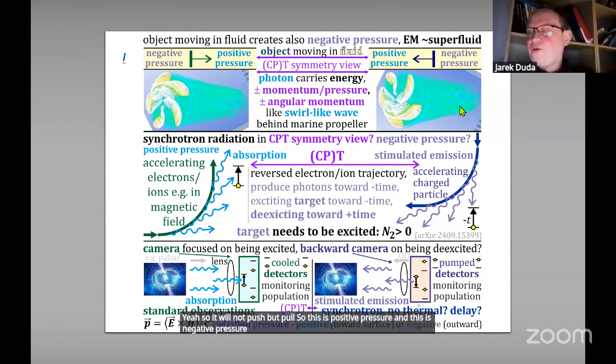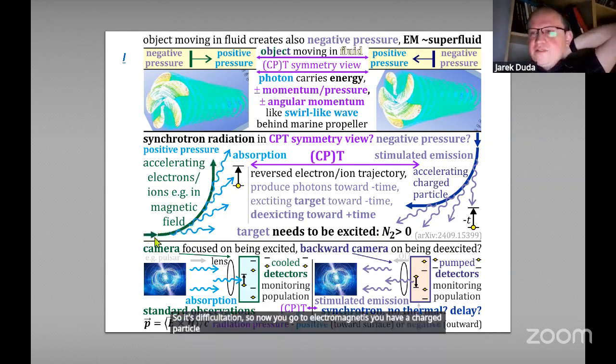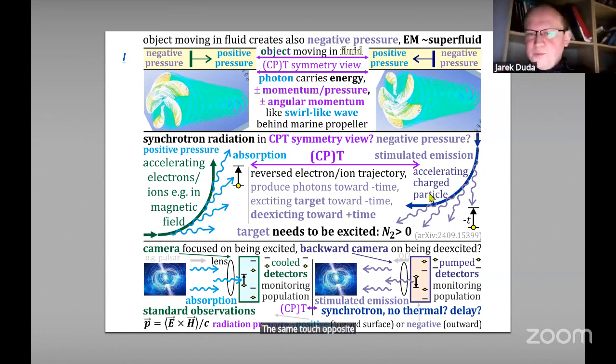So why not for electromagnetism? The best example, I think, is synchrotron radiation. So now we go to electromagnetism. You have a charged particle traveling, for example, in this circle-like trajectory, and it creates these synchrotron photons. So we can think that this is positive radiation pressure here. But believing in CPT symmetry, the same charge, opposite, is traveling in this direction, reversed.